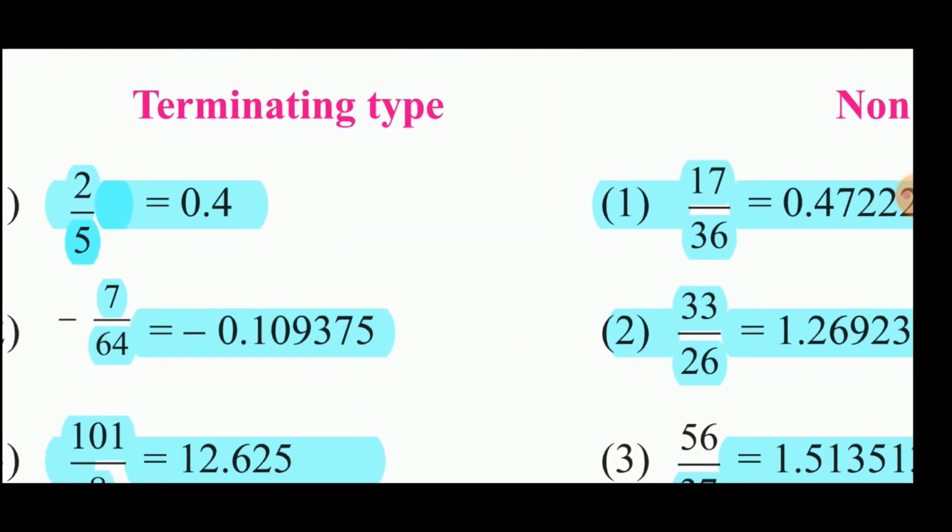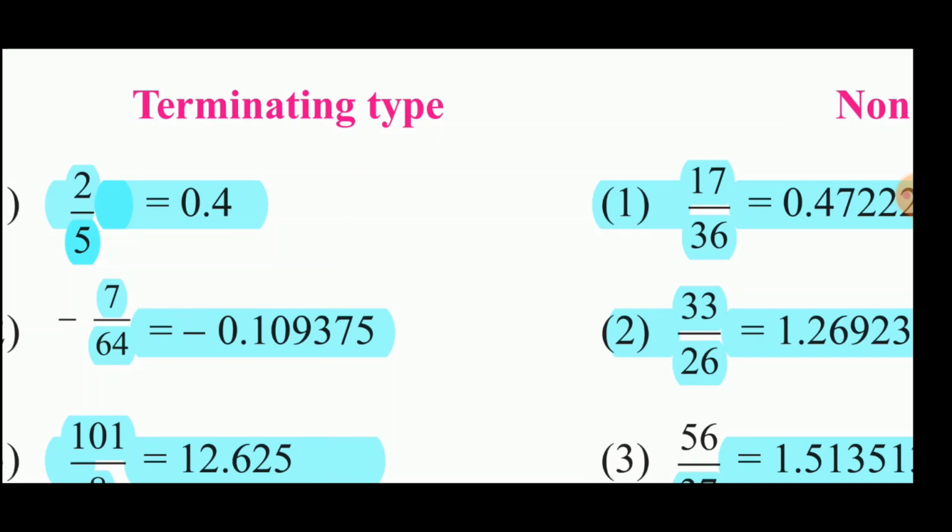So when you find the decimal form of this 2 upon 5, means when you divide 2 by 5, what do you get? 0.4. Here the division comes to an end. And so the decimal form of 2 upon 5 is 0.4. This is called the terminating type of decimal form because the division has come to an end.